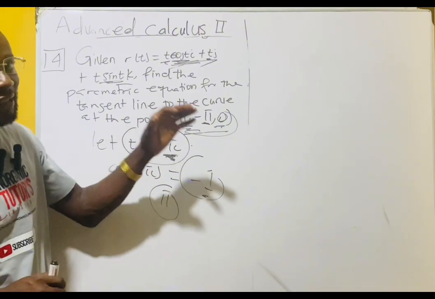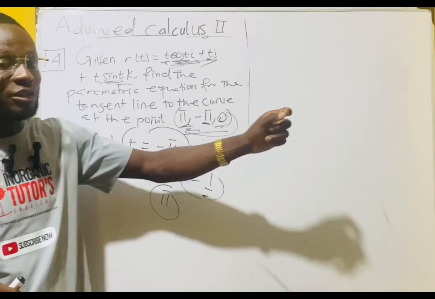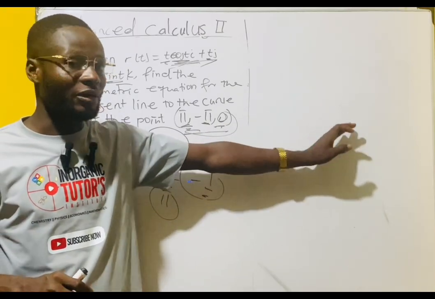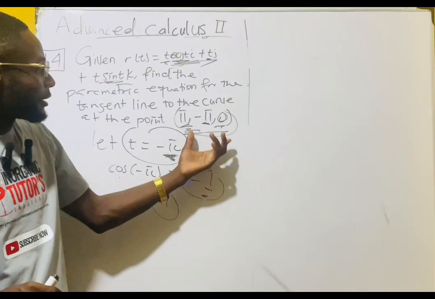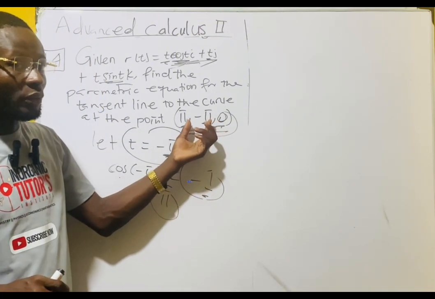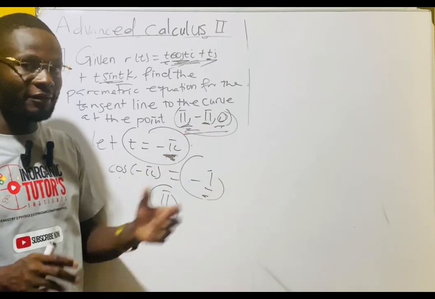Once you have the direction vector, you always multiply it with a constant, then you add it to the point to have the parametric equation of the tangent line to the curve.